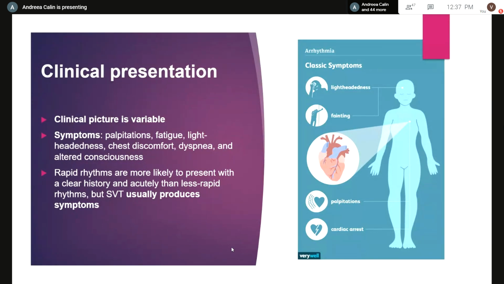Rapid rhythms are more likely to present with a clear history, and the patient feels that an episode of palpitations has an onset that is very sudden, than less rapid rhythms that may be mostly asymptomatic. But SVTs usually produce a symptomatology that is clearly related by the patient.